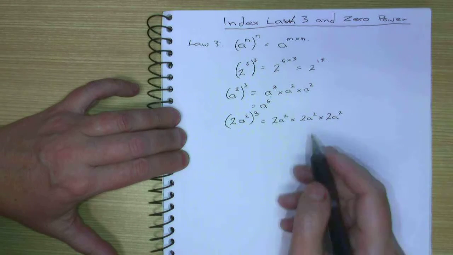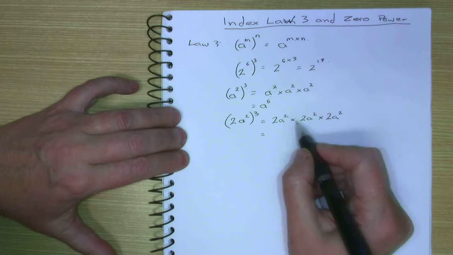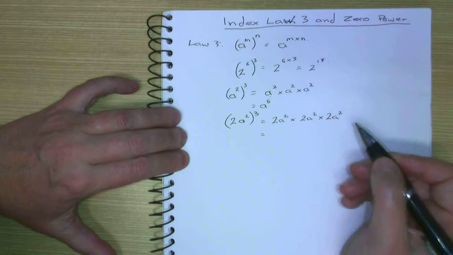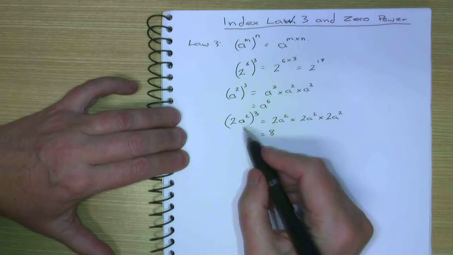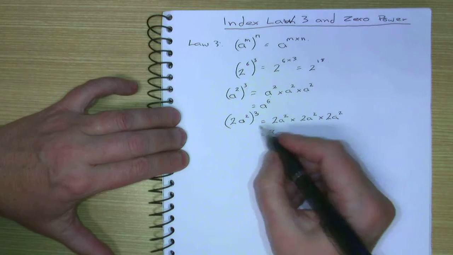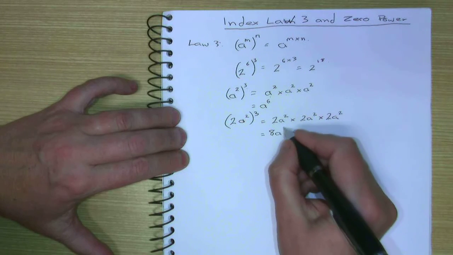You should know from algebra that we can multiply the 2's, 2 times 2 times 2, which is 8, which is 2 to the power of 3 is 8. And then we can add these indices here, a to the 6.